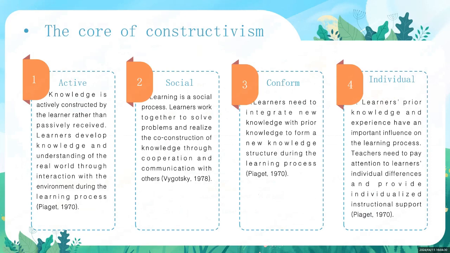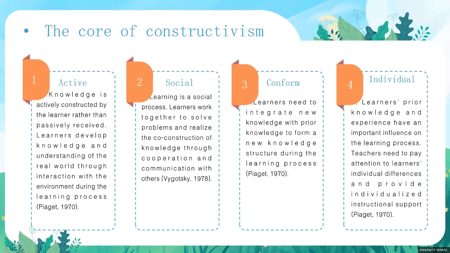Second, social, which means we have cooperation and communication with others. Third, conform. We need to integrate new knowledge with prior knowledge to form a new structure during the learning process.